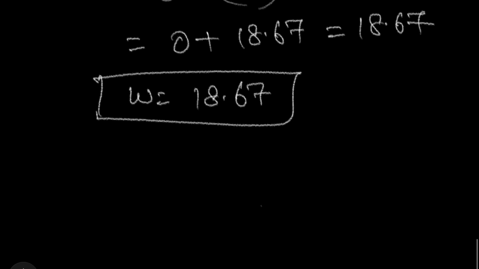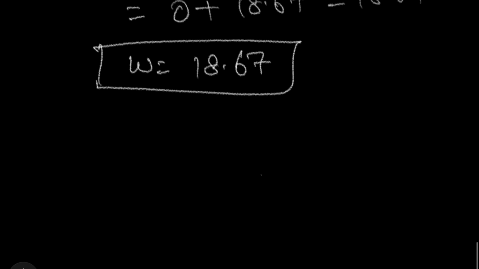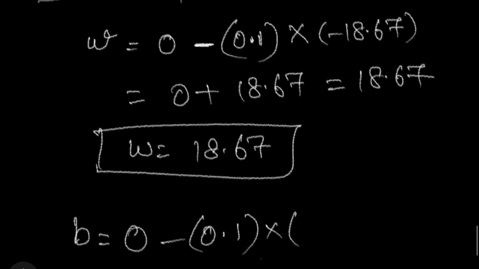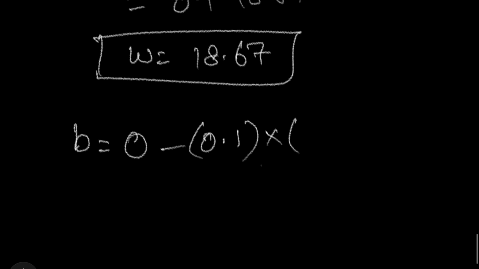So this is the new value, the updated parameter of the weight. We have calculated the gradient descent with respect to weight and bias, and then we are updating the weights as a new weight. For that we are using the old weight minus learning rate into the gradient value with respect to W. And with respect to B, the initial old value is 0, minus the learning rate 0.1 into the gradient value with respect to B, which is minus 8.